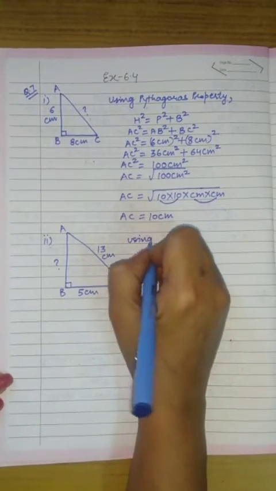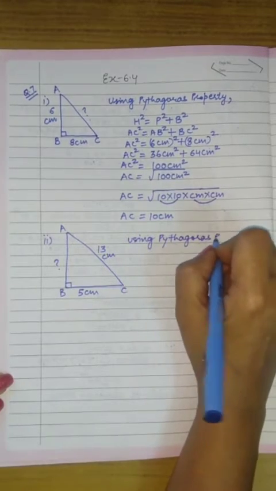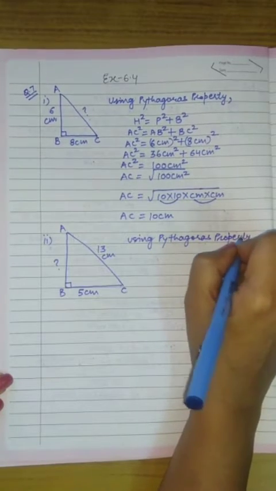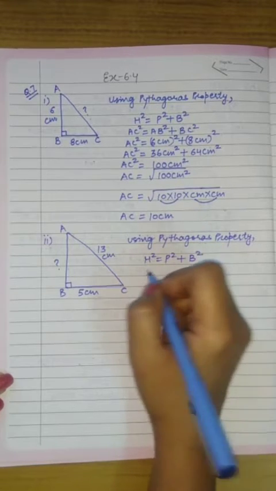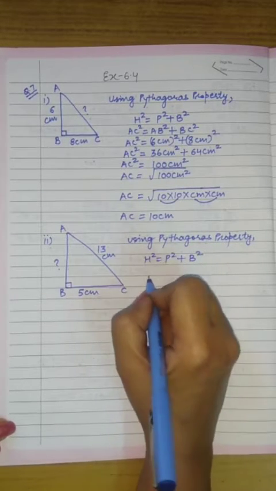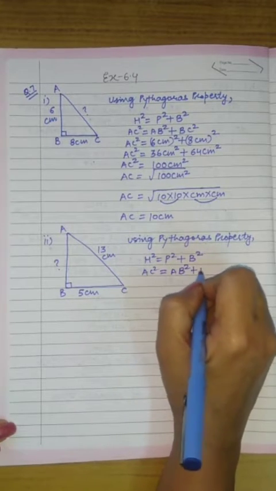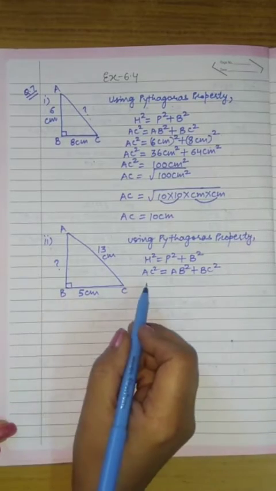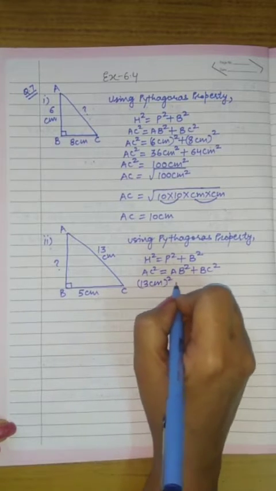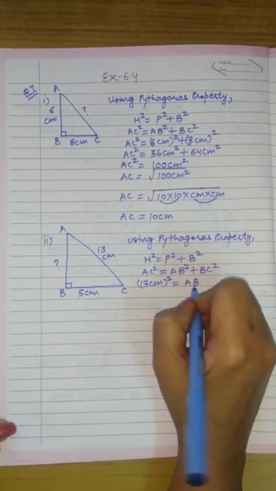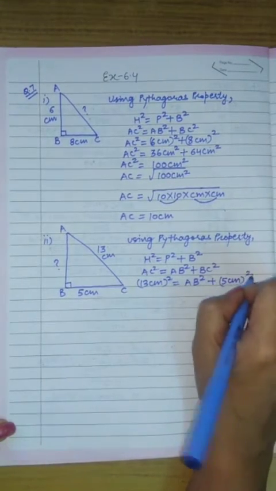So using Pythagoras property, we have h square is equal to p square plus b square. Now we are given h is AC square, p is AB square and b is BC square. Now put the values. We have AC square is 13 centimeter square. AB we have to find, so it will remain as it is, AB square. And BC is 5 centimeter square.